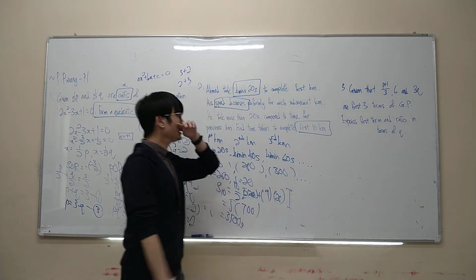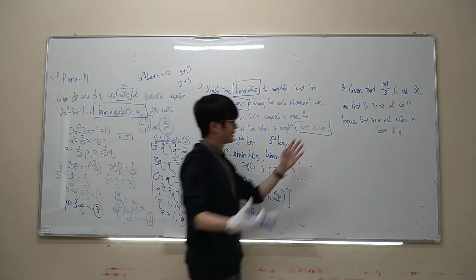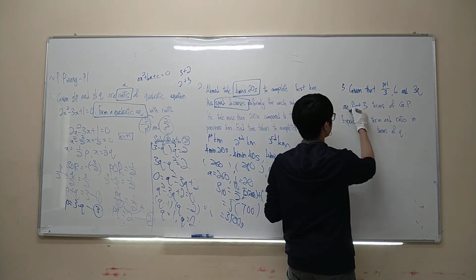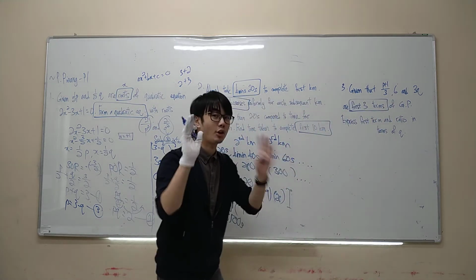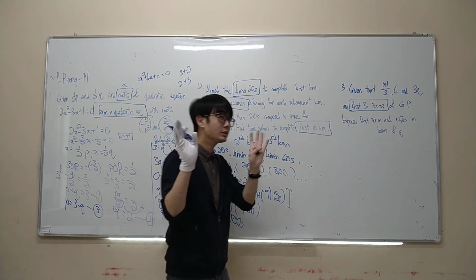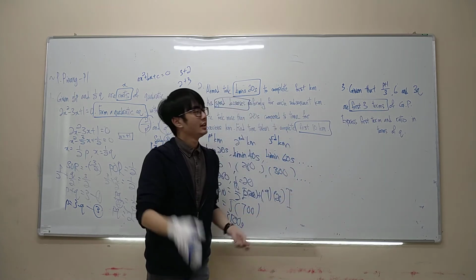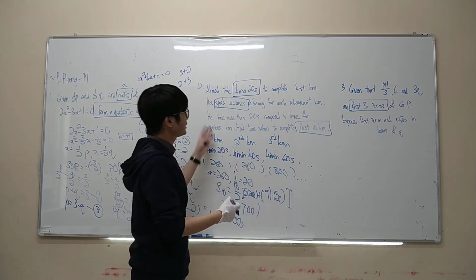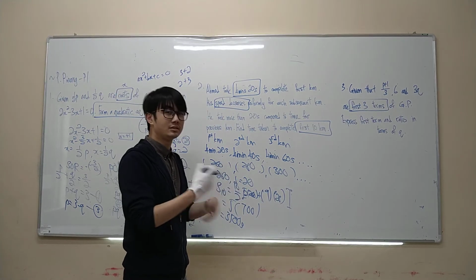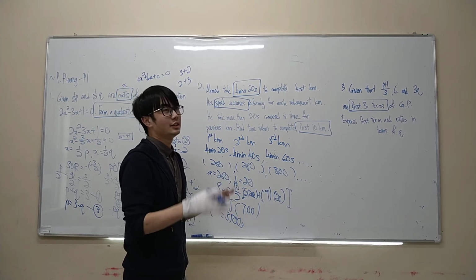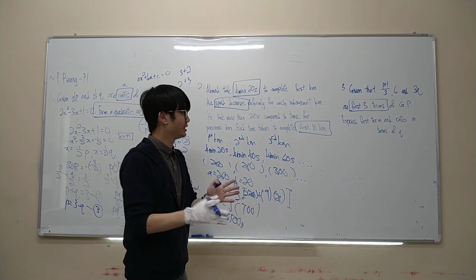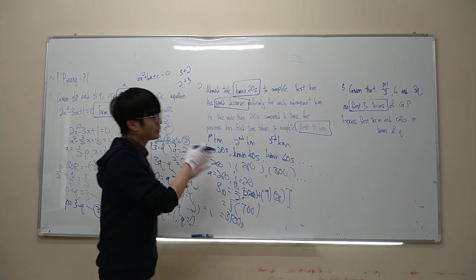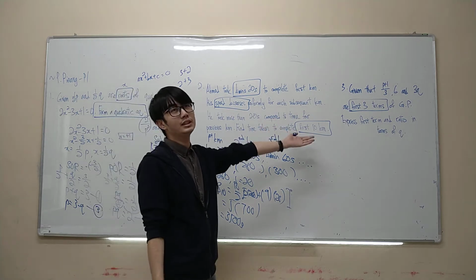Number 3. Given that p plus 1 over 3, 6 and 3q are the first 3 terms. First 3 terms, it means they are consecutive. What's consecutive? Berturutan. Every time you do this state paper, it will get easier because you will realize that the question is repeating. If you watch my previous video, like this one, we already did it how many times?